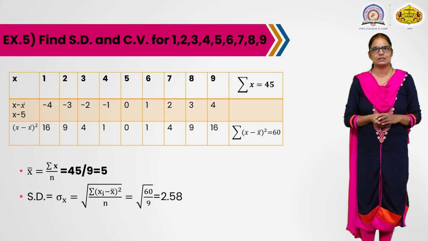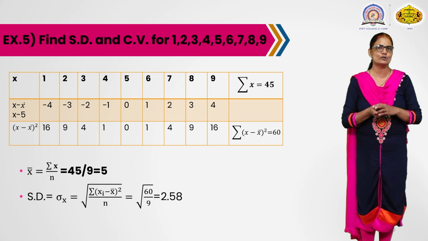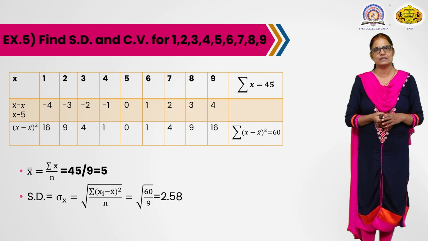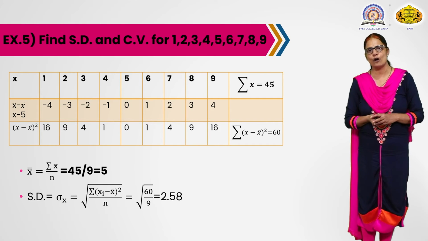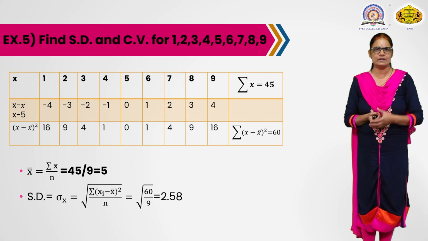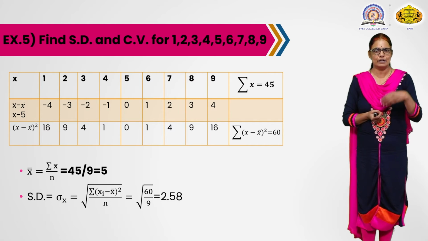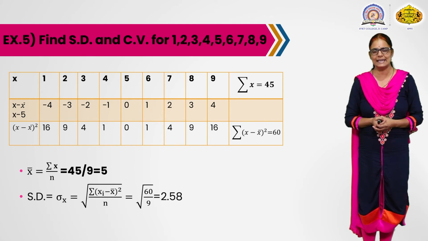We know the formula for the mean. The arithmetic mean is denoted by x bar and is defined as the summation of x, the sum of all observations, upon the total number of observations. So, you have to count how many observations are given. I have taken a simple data set, and you can observe here there are 9 observations given. So, small n equals 9.